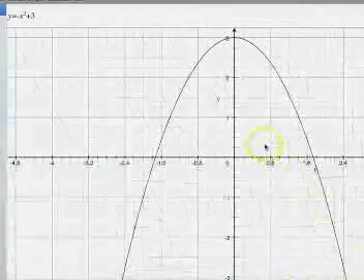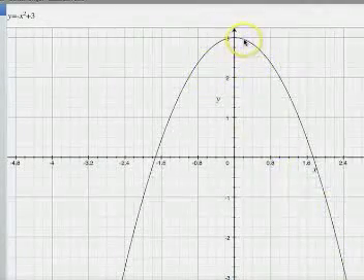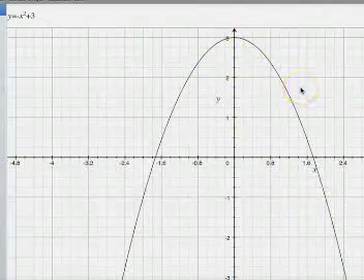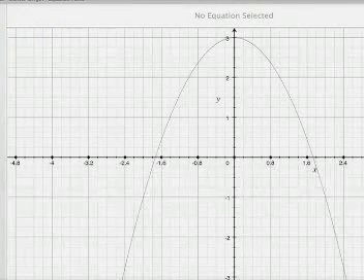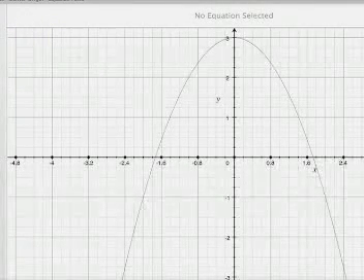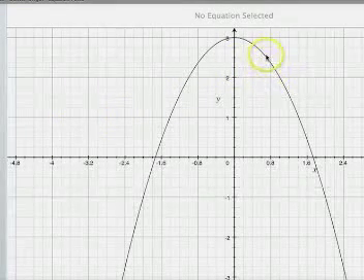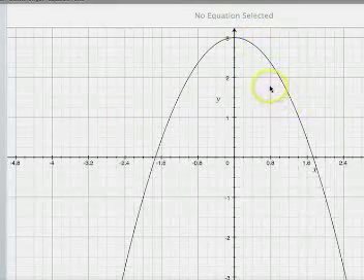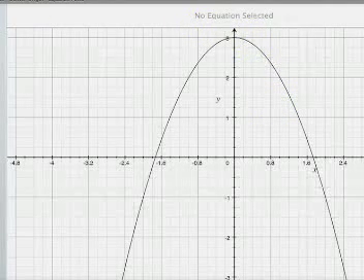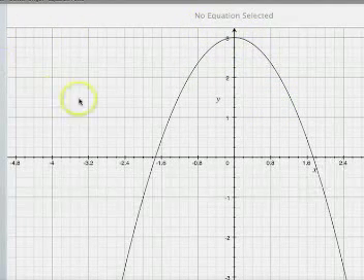We're going to try to find the rate of change, or the slope of a line that lies tangent to a curve. Here we've got the curve y equals negative x squared plus 3, and we're going to try to find the slope of the line that lies tangent to this curve at x equals 1.